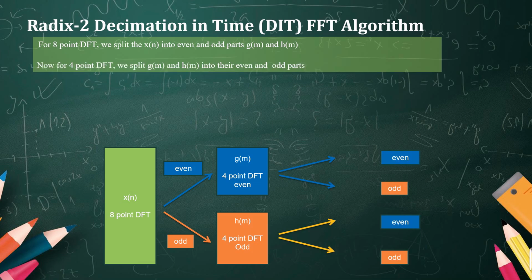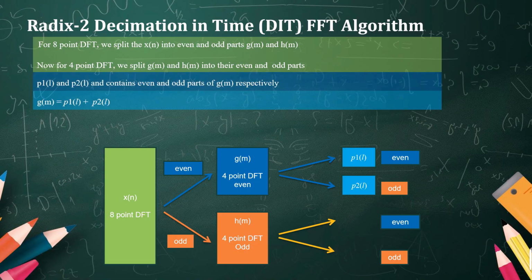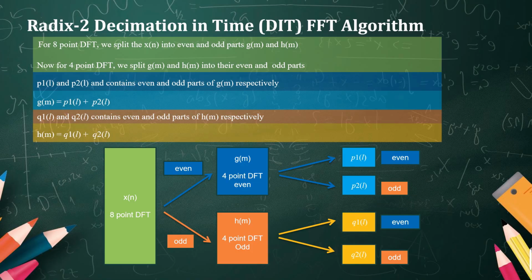Now for 4-point DFT, we split G(m) and H(m) into their even and odd parts. P1(l) and P2(l) contain the even and odd parts of G(m) respectively. That means G(m) is equal to P1(l) plus P2(l). Q1(l) and Q2(l) contain the even and odd parts of H(m) respectively. That means H(m) is equal to Q1(l) plus Q2(l).